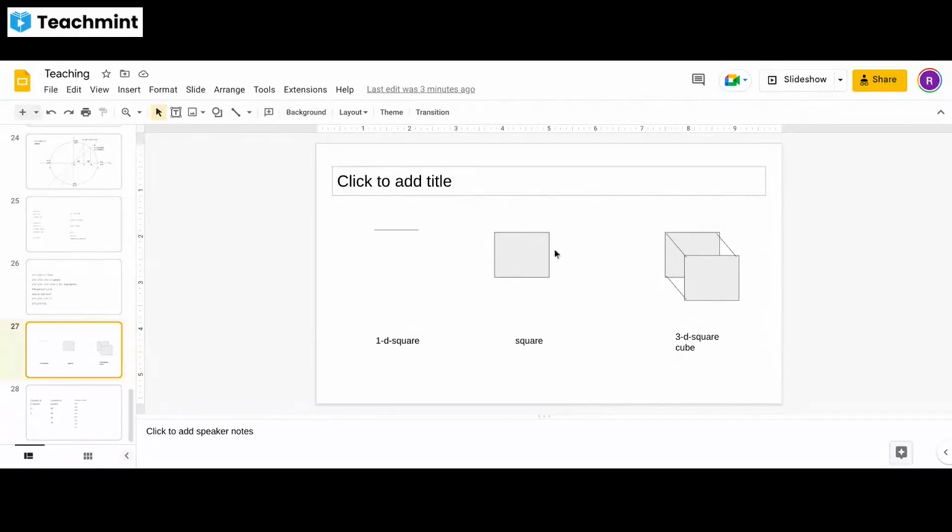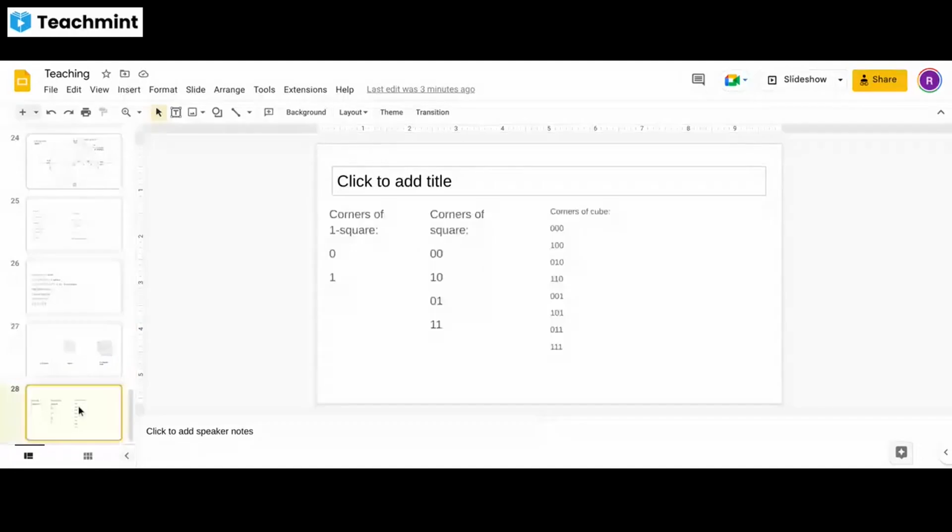In a three-dimensional cube, I take all the 4 corners of a square and put the z coordinate equal to 0, and again take the same coordinates of the square and put the z coordinate equal to 1. So each time I get the coordinates of the next one by taking the coordinates of the previous one and attaching a 0 at the end, and again repeating the same thing but attaching a 1 at the end.